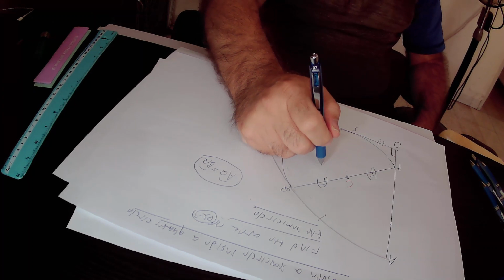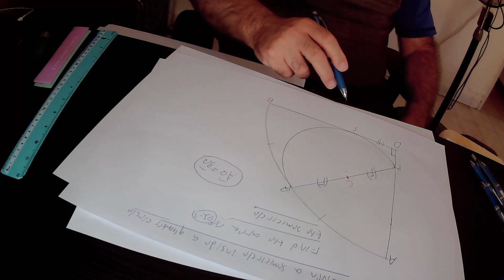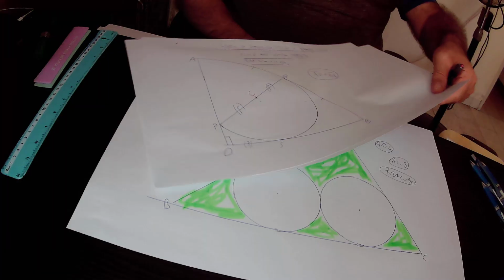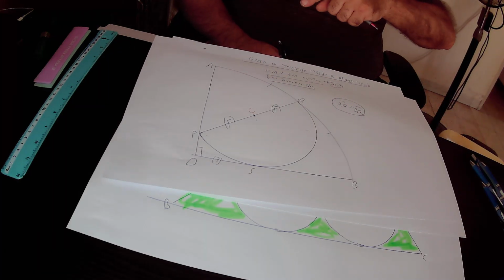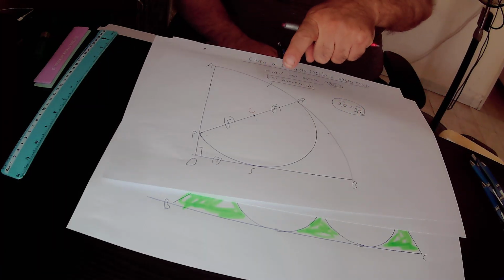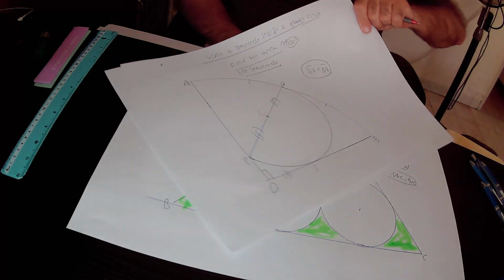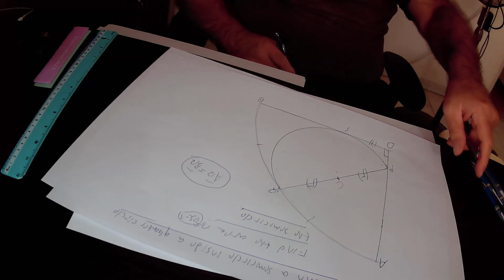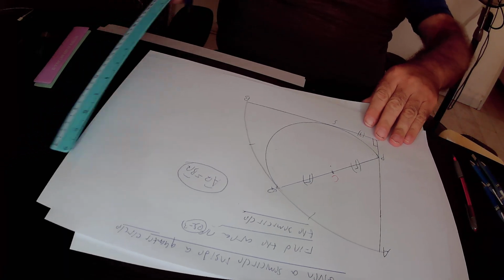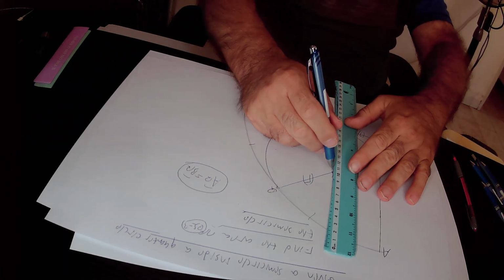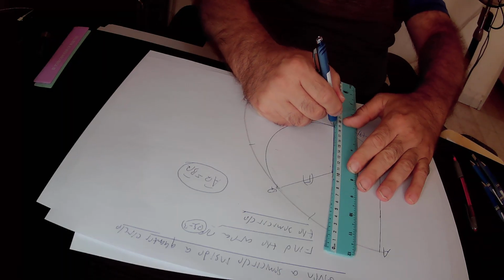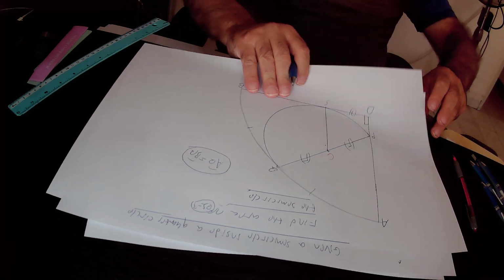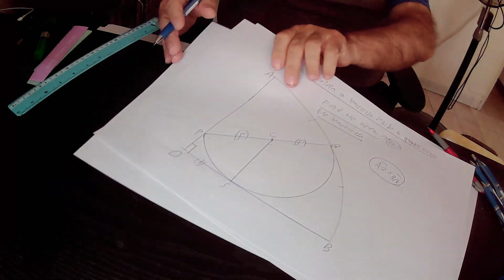In the next step, we'll join point C and S together by a straight line. Point S is the point of tangency of tangent OB with this semicircle. So point C is the center of this semicircle.